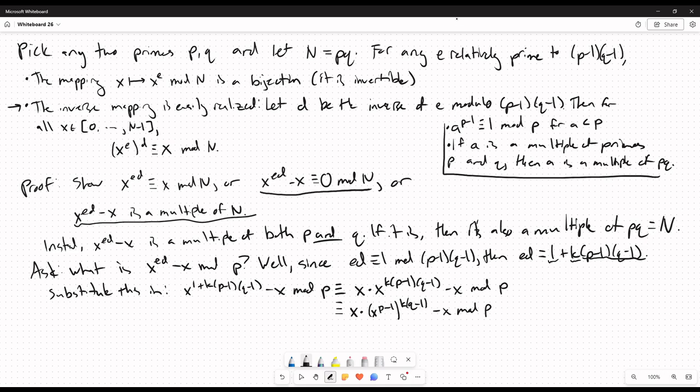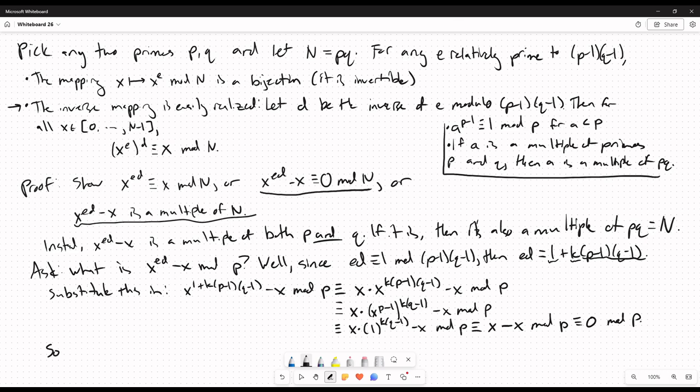And thanks to Fermat's little theorem, this x to the p minus 1 is just going to be equivalent to 1 mod p. And maybe now you can see where we're going with this, because 1 to the power of anything is still going to be 1. So this is going to be x minus x mod p, which is equivalent to 0 mod p.